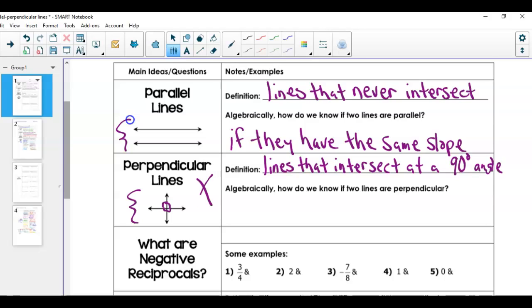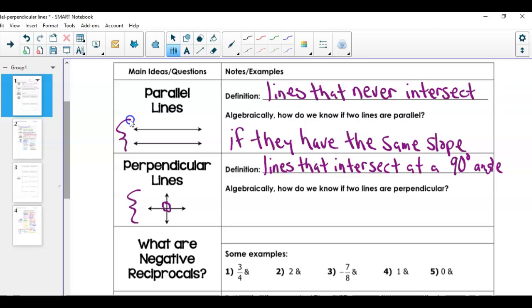So if I just drew two lines, these don't really intersect at 90-degree angles because of the slant. So they have to be straight 90-degree angles. So graphically, that's how we know they're perpendicular lines.